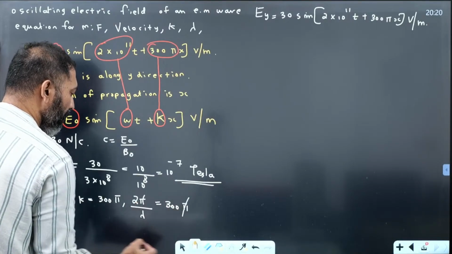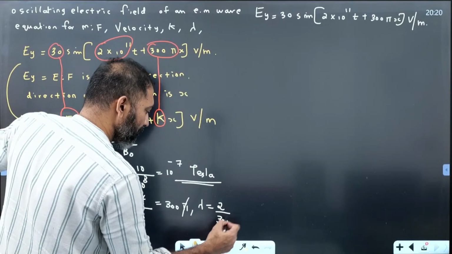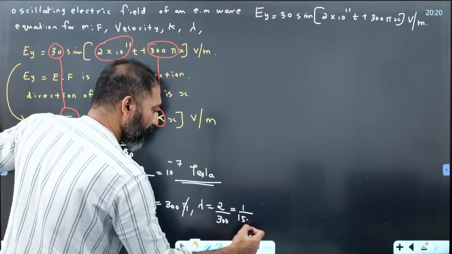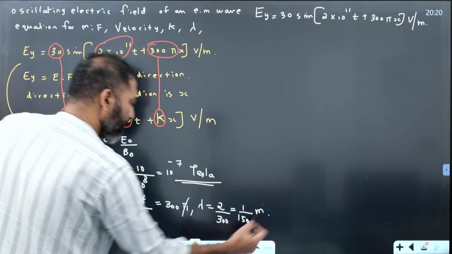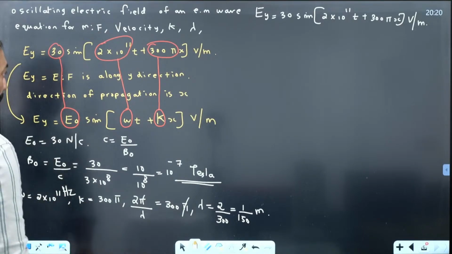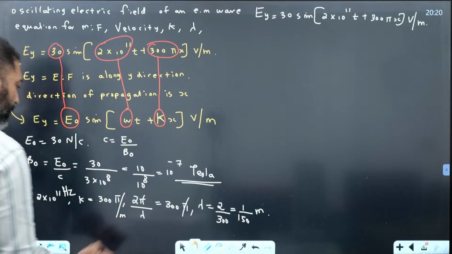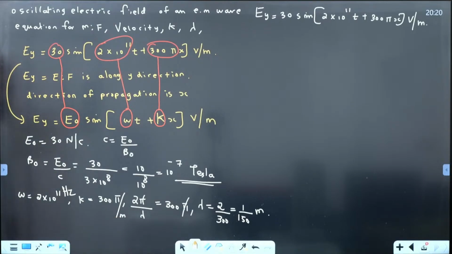Pi gone, so lambda is equal to 2 by 300, so lambda equals 1 by 150 meter. Any doubt? Omega unit will be hertz. k is 300 pi, k unit is per meter. Any doubt? So, we found out omega, k and lambda.